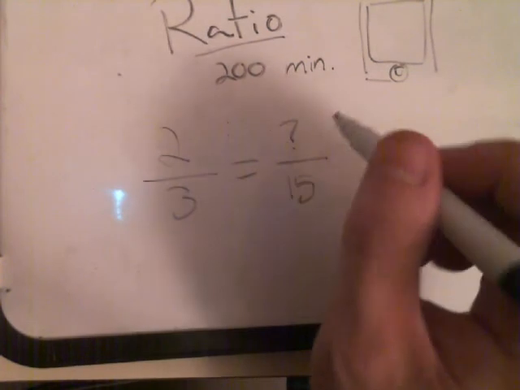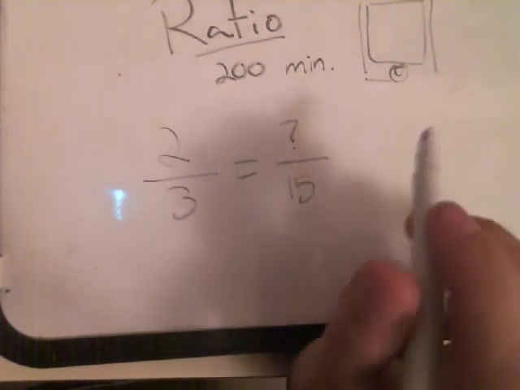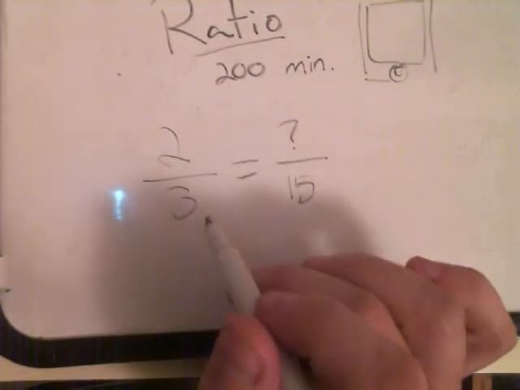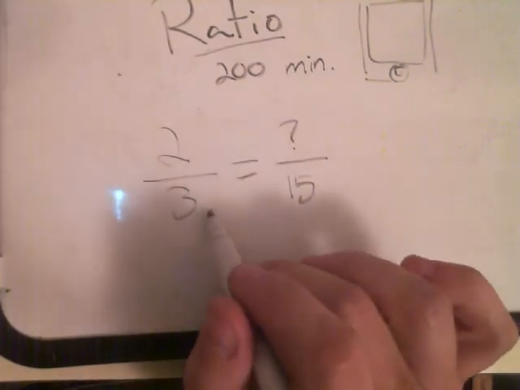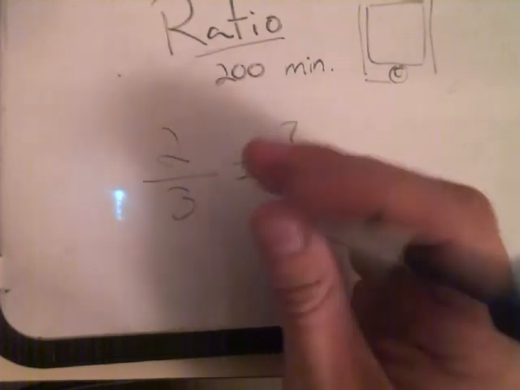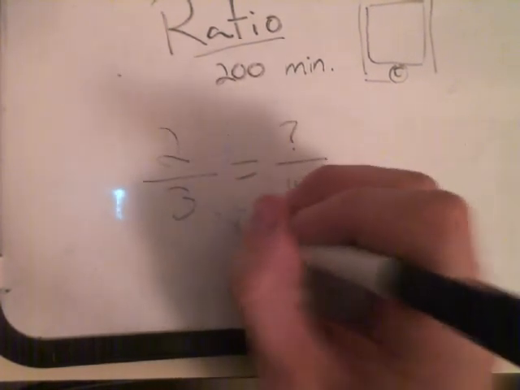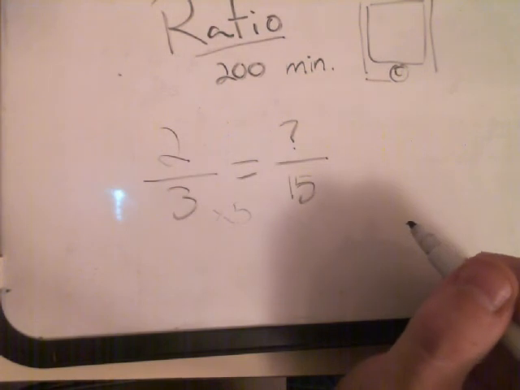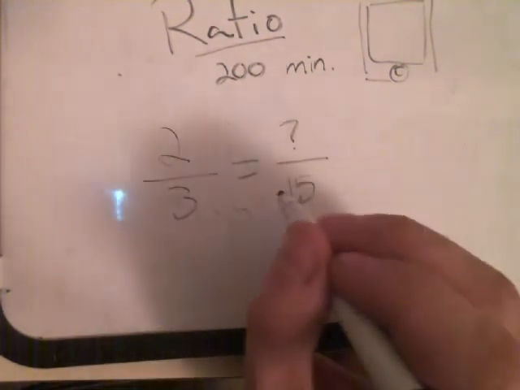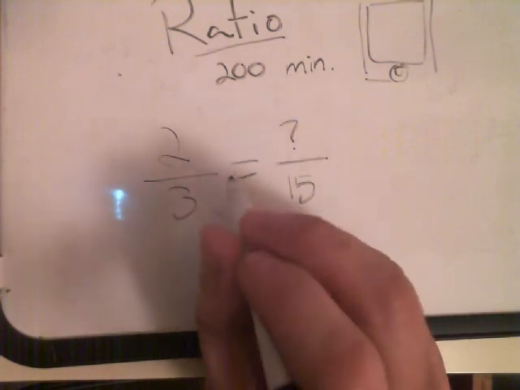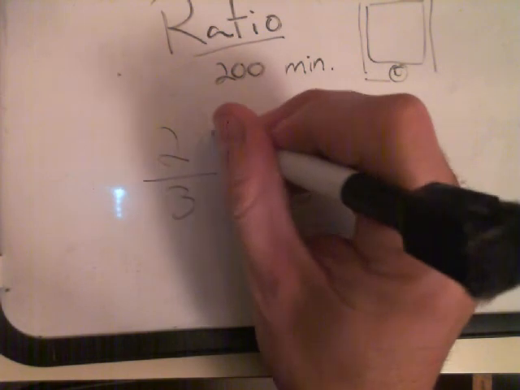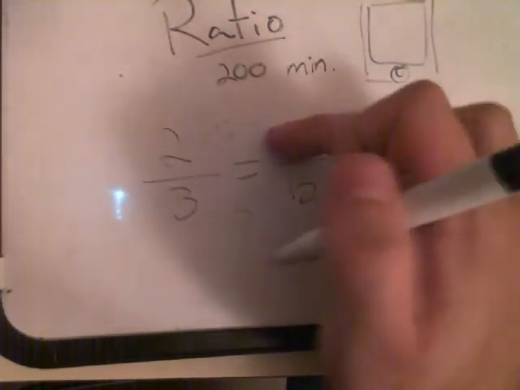Okay, well, we actually might be able to do this without doing any special tricks. For example, in order to get from 3 to 15, what would I have to do? Well, I would have to multiply this times 5. Yeah? And I know that ratios that are proportional, I can multiply the numerator and the denominator times the same number. So if I multiply the top times 5, I will get 10.